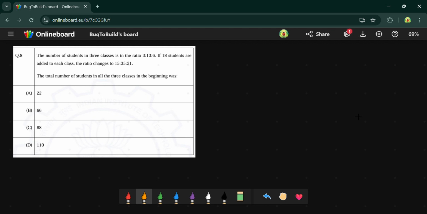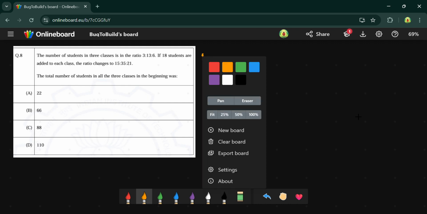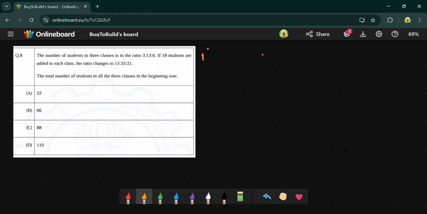For the first class, any class, but I name it as the first, it will be 3x.